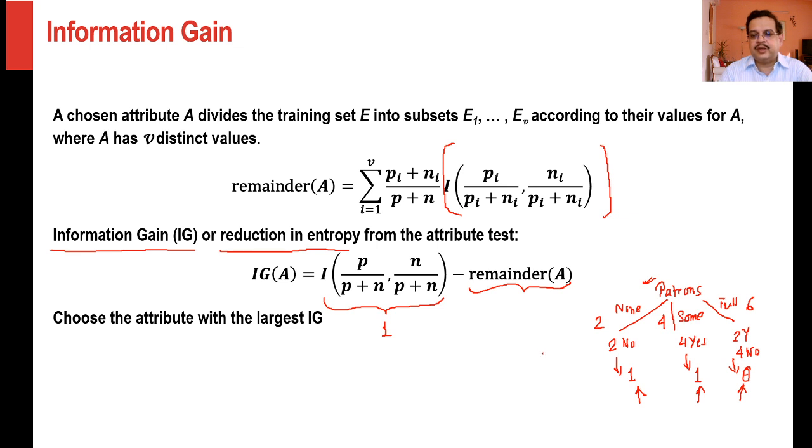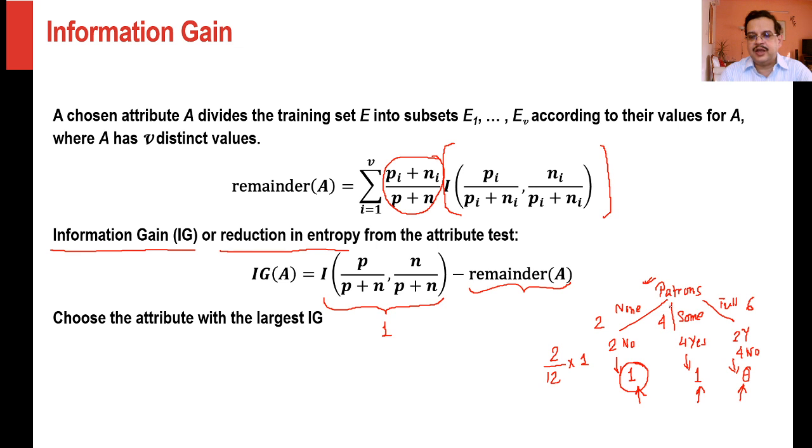Then for this one I will weight it with the corresponding weight value, where pi plus ni is the number of samples which went down that branch. So pi plus ni here is 2, and the total number of samples, p plus n, was 12. So 2 by 12 into 1 corresponds to the first term.